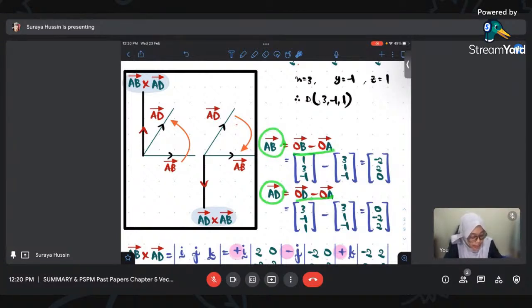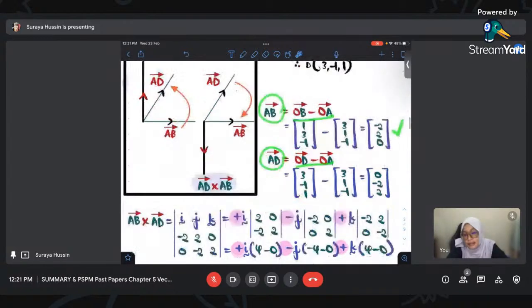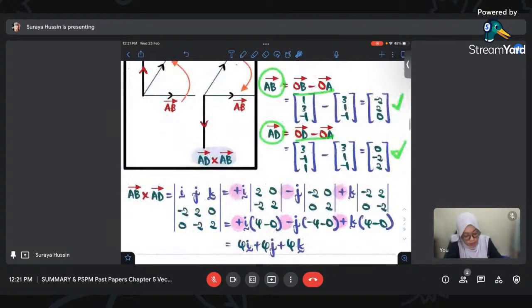So yeah, you just gotta use the formula and find the direction and the value of the vector lah, senang cerita. Find the vector of AB and AD using the coordinates, okay? Because you have to find it yourself. And then dekat sini barulah Miss cari my AB cross AD.